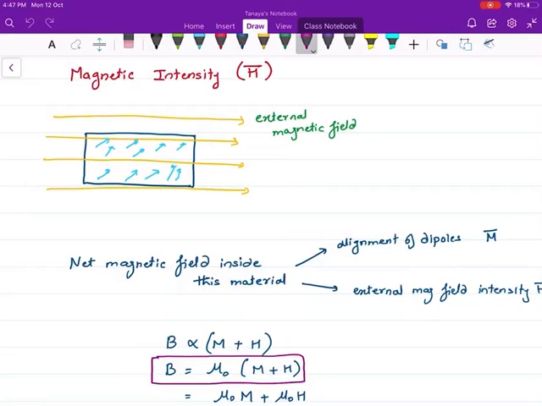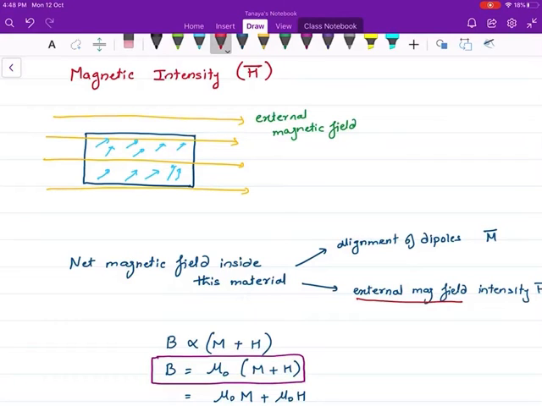I told you to remember this particular point, that the net magnetic field inside a material is going to be greater than the external magnetic field. Why? Because this external magnetic field is there, which is causing the magnetization. So I can also call this the magnetizing field.